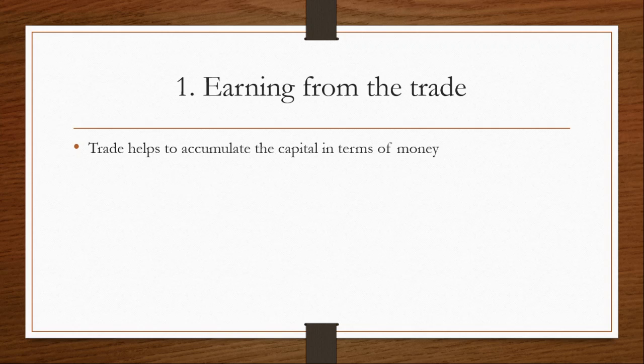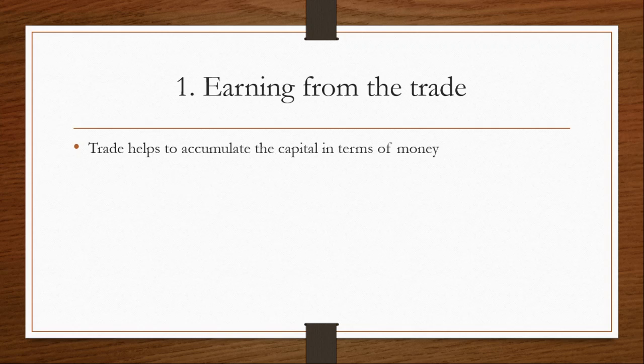And after raising that money, the trader who wants to build up a new production plant will invest the money raised from the capital market into his own production house. Then he will again engage himself in trade, and trade will flourish, and then money will come and flow.